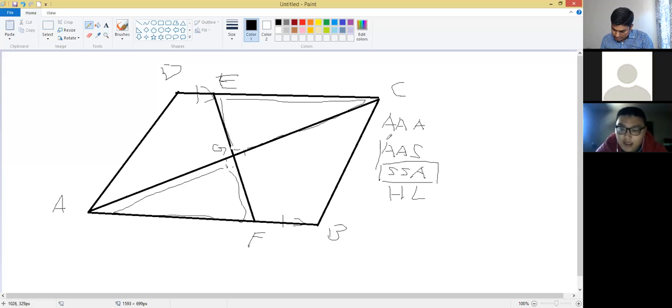And remember, AAS is also right because angles ECG and GAF, these two angles are equal, right? Yeah.